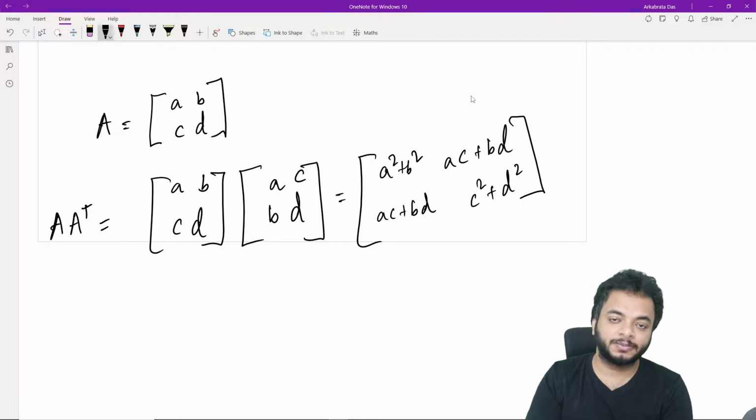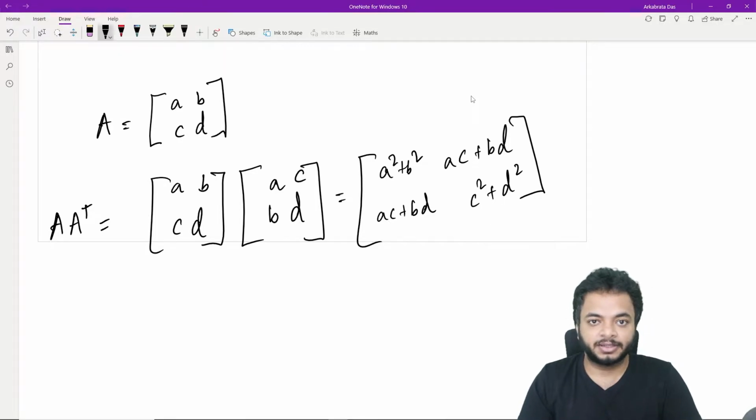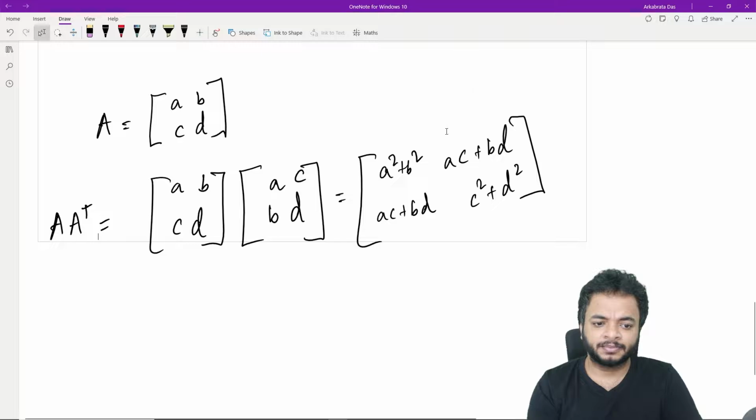Now what is the transpose? Basically, for the transpose of a matrix, whatever element is at the ijth position goes to the jith position, and the jith position element comes to the ijth position. And for the diagonal entries, where i equals j, it doesn't matter.